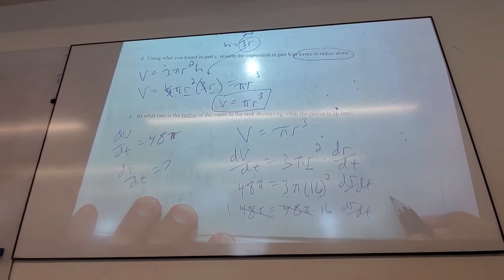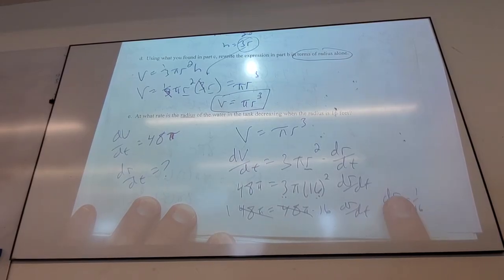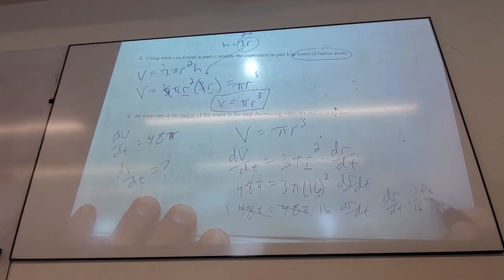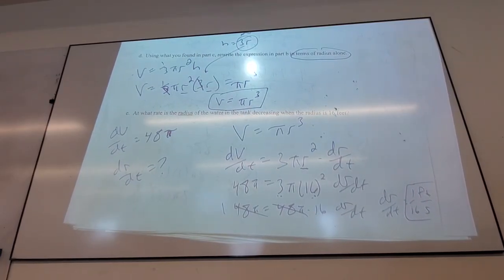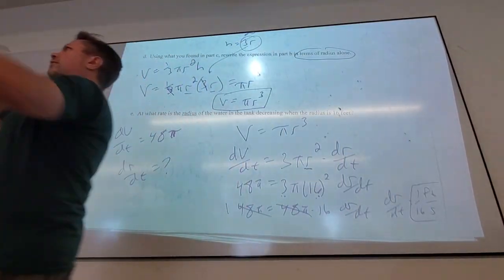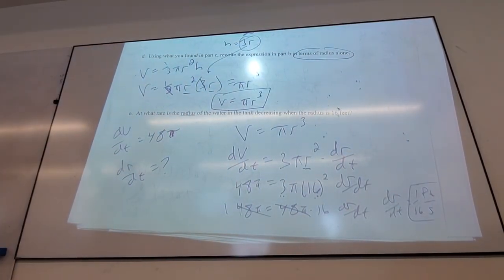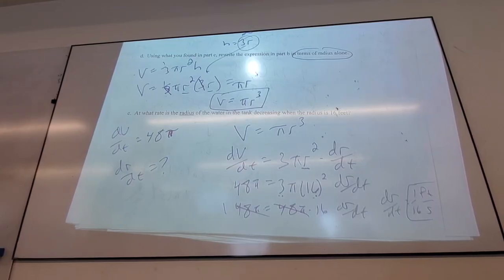So what's dr/dt? 1/16. 1/16 what? Feet per second. What was the radius at the top? 20. So at a time when the radius is 16, we've gone down to where the radius is 16.